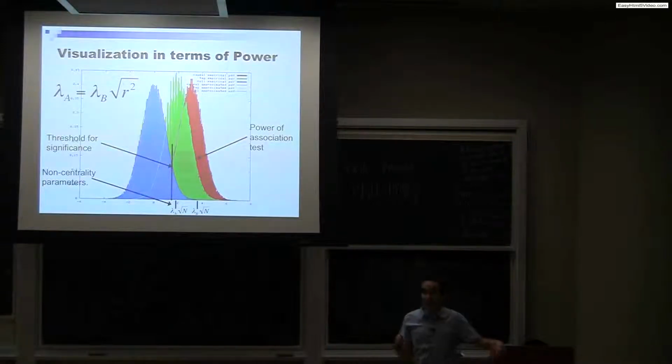Lambda A is the strength of the association for the variant that we're actually collecting, which is not really the causal variant, but something that's correlated with it. Obviously it's going to be lower because it's not really what we're collecting, and this tells you exactly what that effect is.